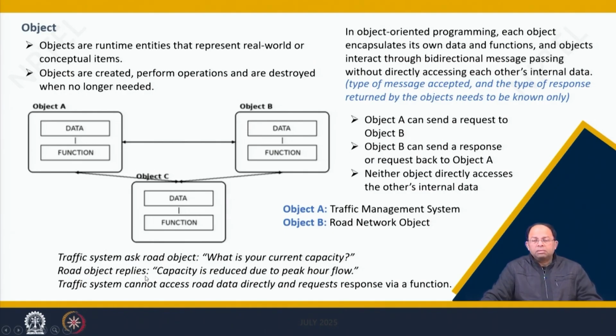The road network object gets the request, checks the capacity using its internal data, such as the volume and so on, and says that capacity is reduced due to peak hour, and this is what is returned to the traffic system. The traffic system can take a decision based on this data that it got, that okay, capacity is reduced. The traffic system cannot access road data directly, and requests and responses go via a function.